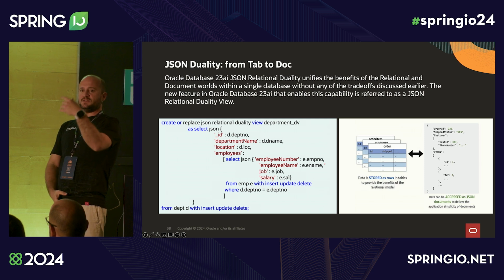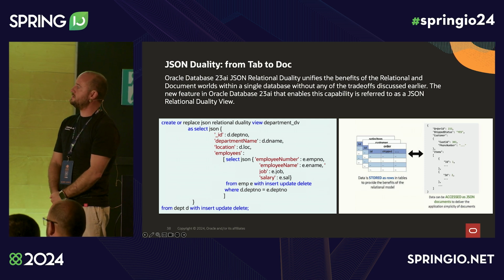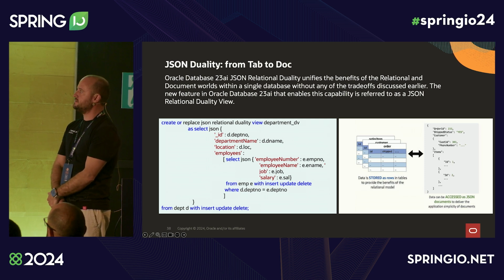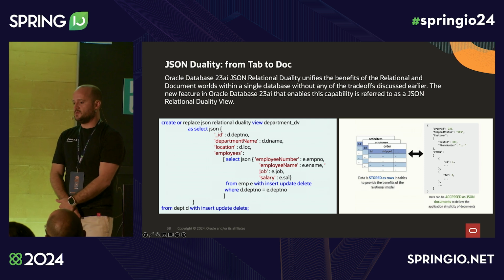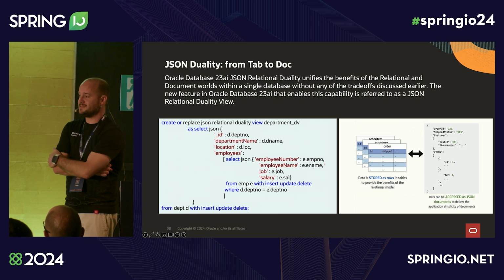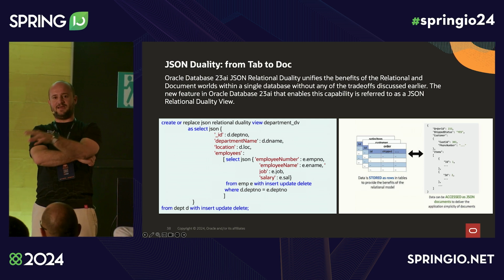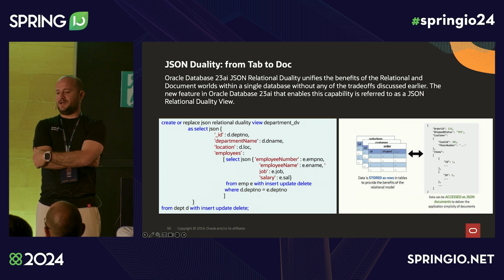And because we are using relational, but also JSON and structured data, one interesting feature that we released in 23ai is the JSON duality view. The JSON duality view is, to me as a developer, so cool because if you have your enterprise Java application with relational, Hibernate, Spring, all of that, you still want to use that transactional part.